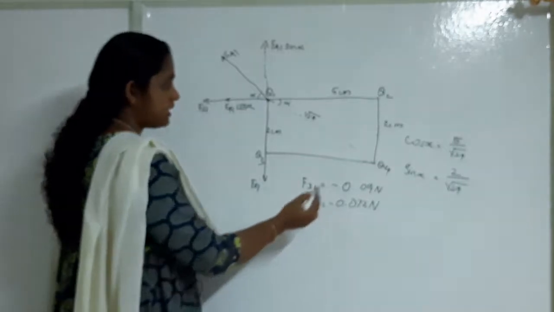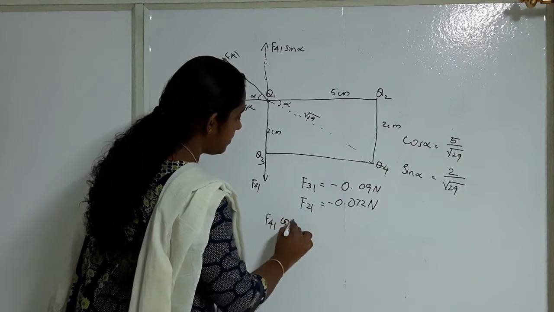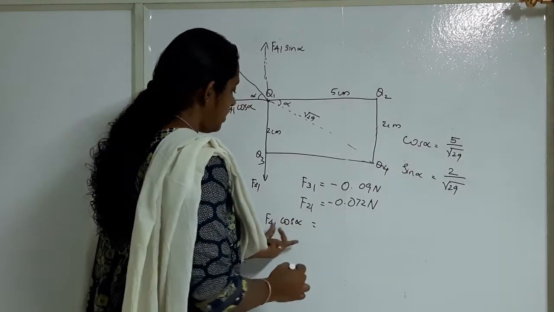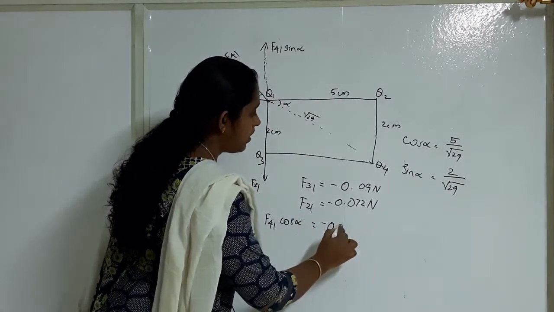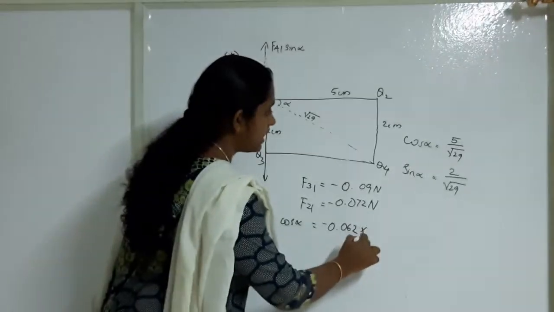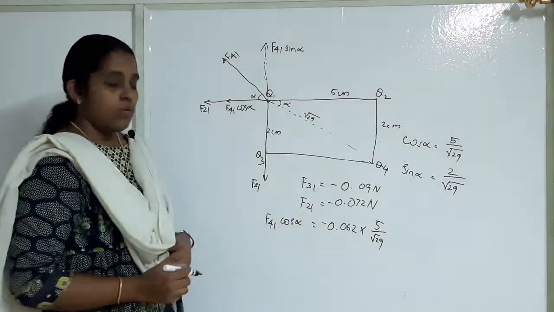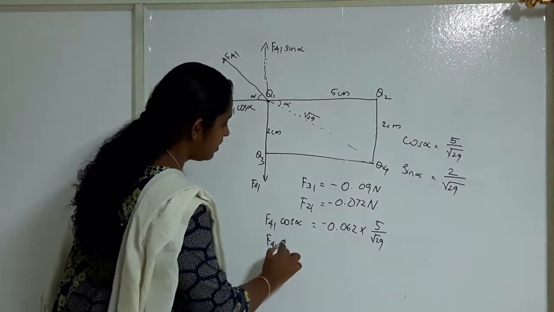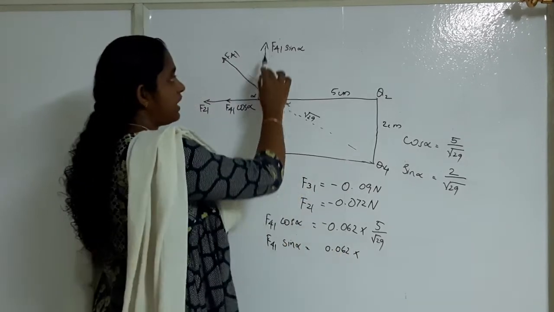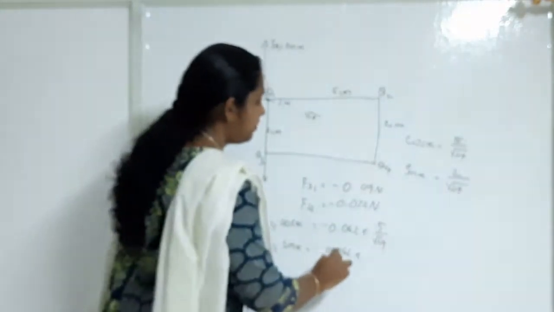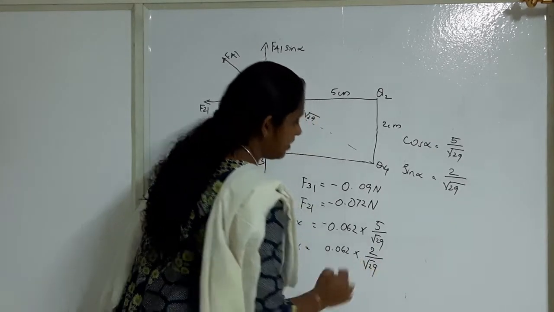Next we have to find F41 cos alpha. F41 is in this direction, so it becomes minus 0.062 into cos alpha, which is 5 by root 29. Now F41 sin alpha becomes 0.062, which is in the upward, positive y direction, so it is positive 0.062 into sin alpha, which is 2 by root 29.